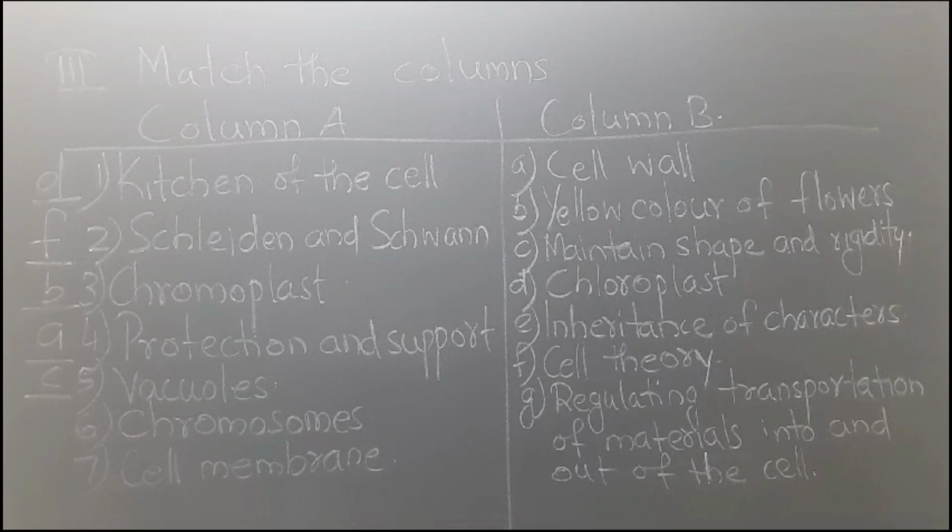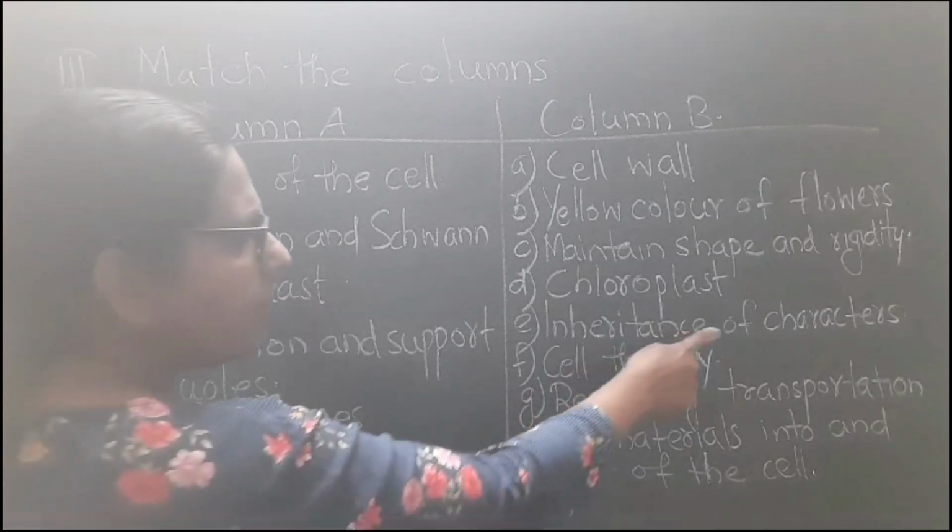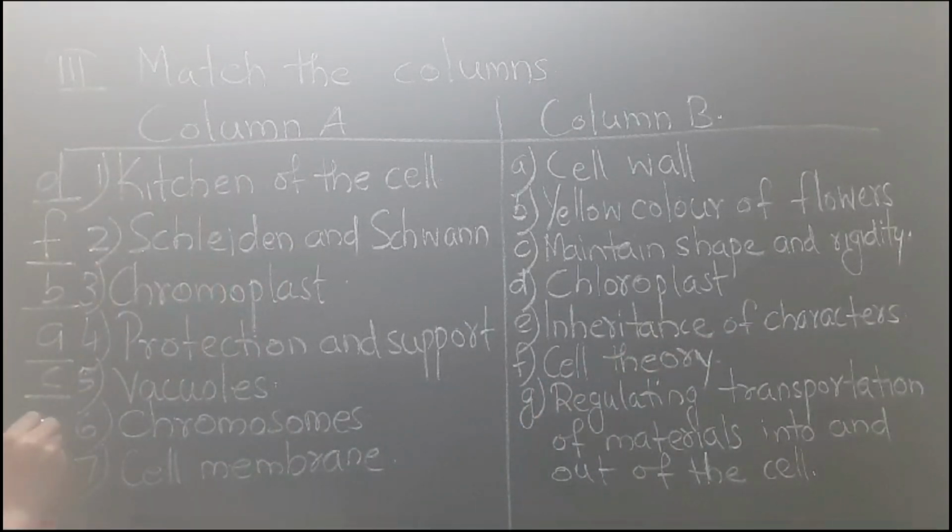Chromosomes, inheritance of characters. E is the answer. Then cell membrane. Last one is cell membrane. That is G, regulating transportation of materials into and out of the cell.